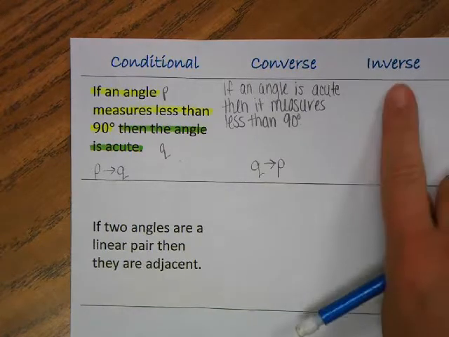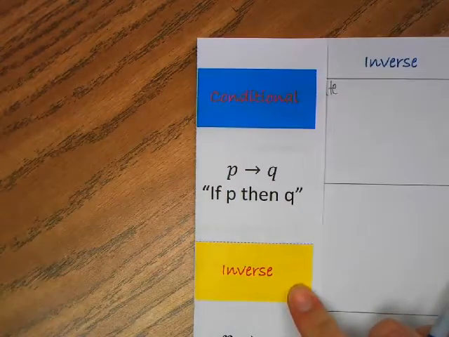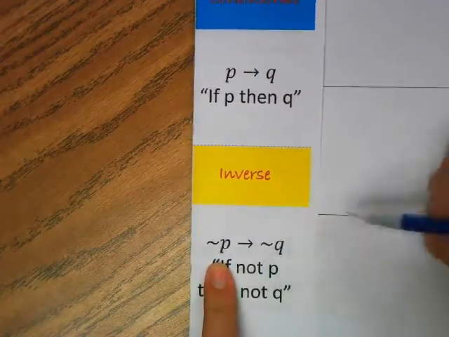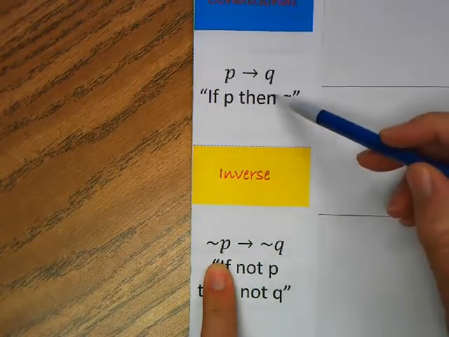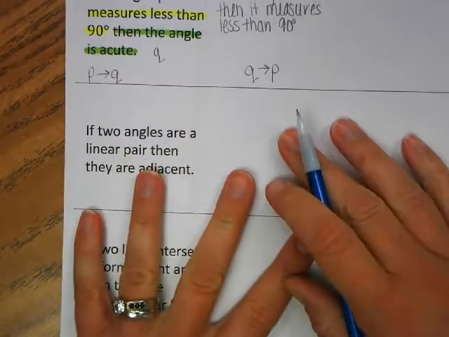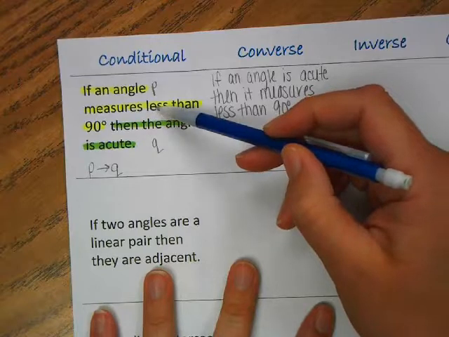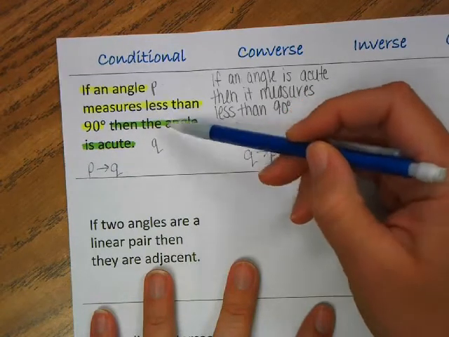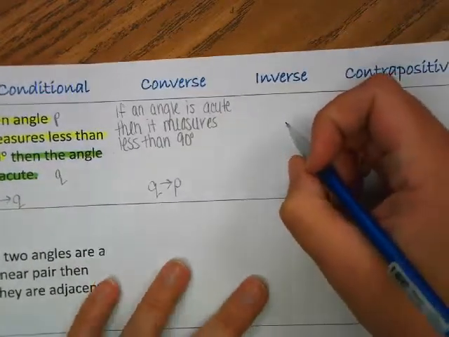In order to do the inverse, remember, if you need to go back to the flap, you're negating. The hypothesis is still going to come first, the conclusion is still going to come second, but now you're going to negate them. So you would say, if an angle does not measure less than 90 degrees, then it is not an acute angle.